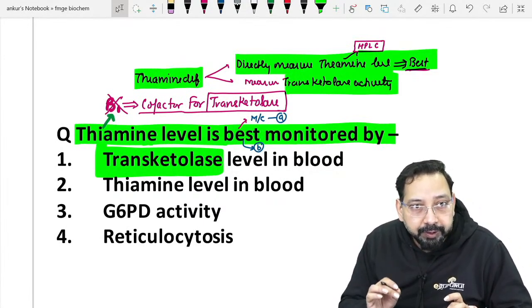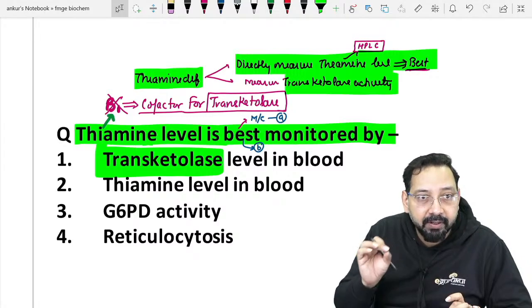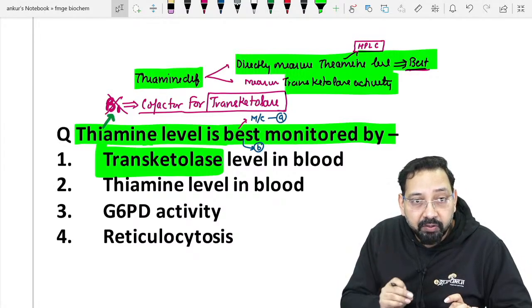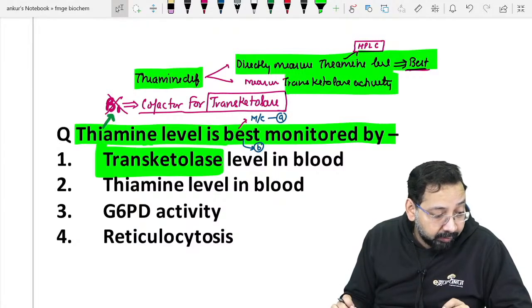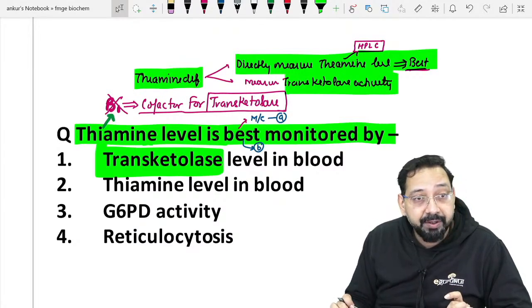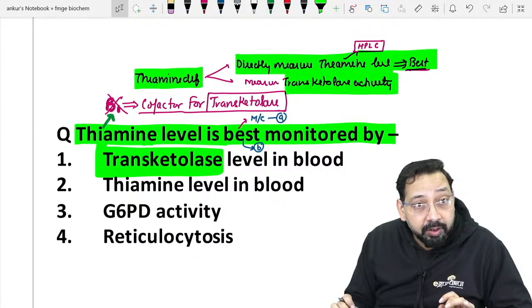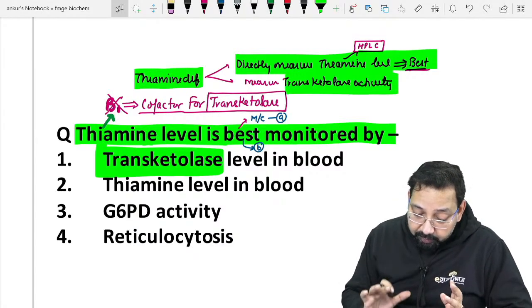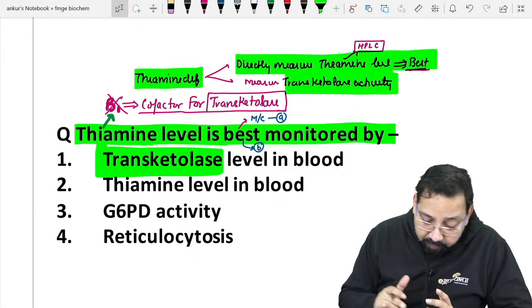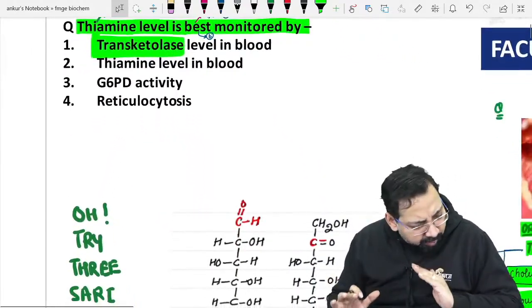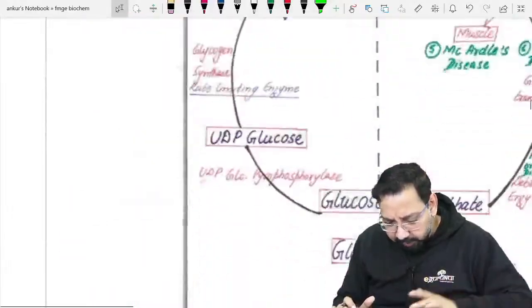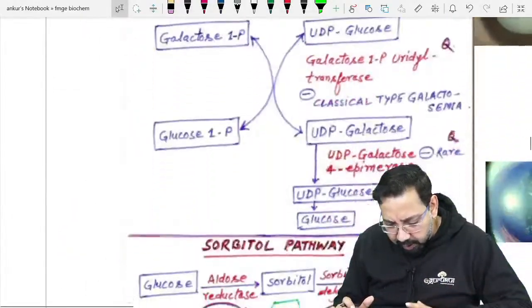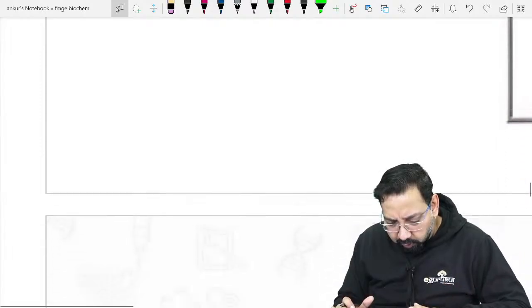Whenever a question is asked again and again, they will give some twist. Keep that in mind. That is why I am jumping from this to the last page of your handouts, just to explain how questions are asked and how you will solve them.